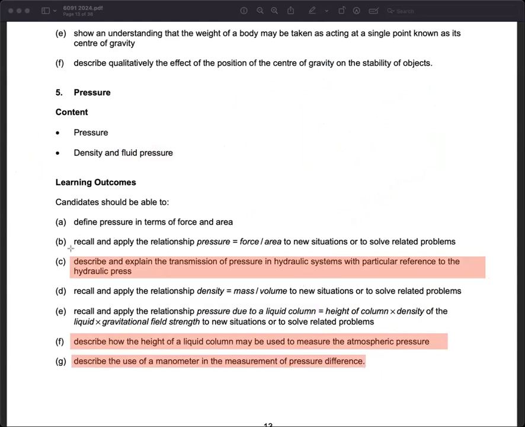But the rest, A, B, D, and E, are you all very clear about A, B, D, and E? This is the very basic that you need to know. C, F, and G are a little bit on the second level. But on the basic level, A, B, D, and E, I hope I made things very clear for you all.